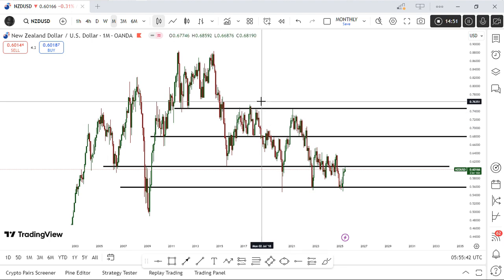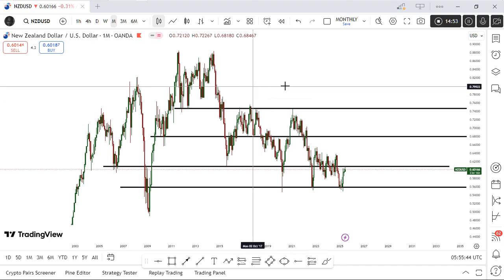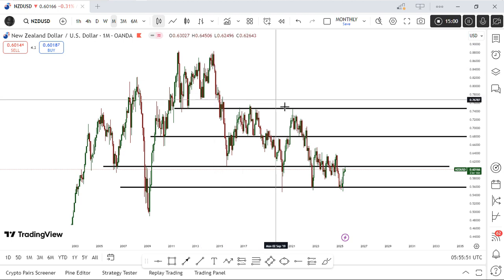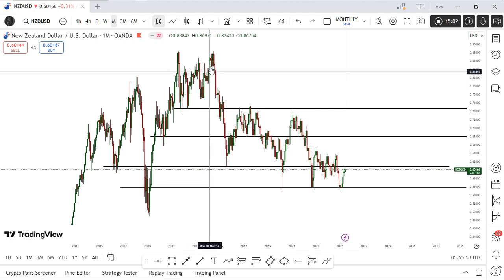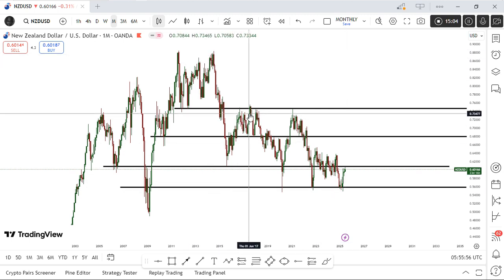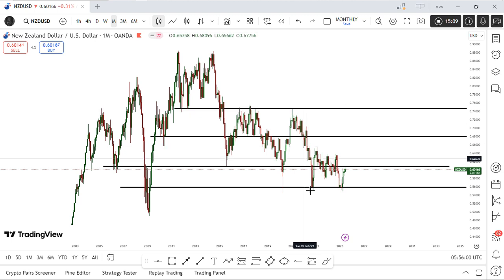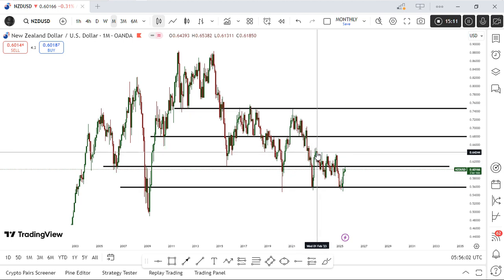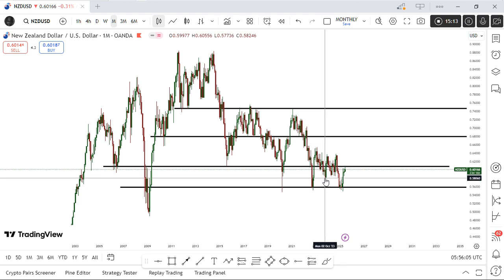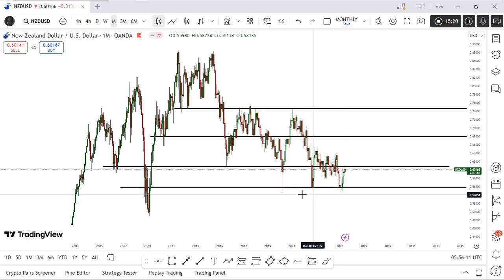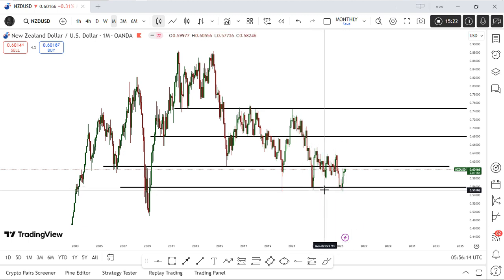Like I said earlier, the NZD dollar has been dropping and dumping from 2014 to the present date. It has been giving us a high, a low, a lower high, a lower low, an equal high, equal low, a lower high, until we have a double bottom here.